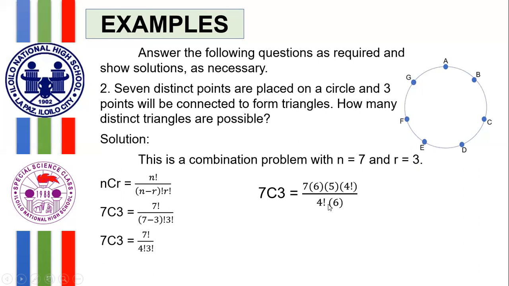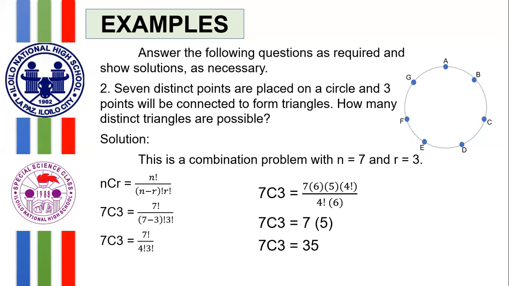I stopped at 4 factorial because I know that I could divide it with the 4 factorial in the denominator. The 3 factorial here is 3 times 2 times 1, or 6. And so 4 factorial will be divided. It will become 1. The 6 and the 6 will also be divided and become 1. And what is left is 7 times 5. Hence, 7C3 is equal to 35.